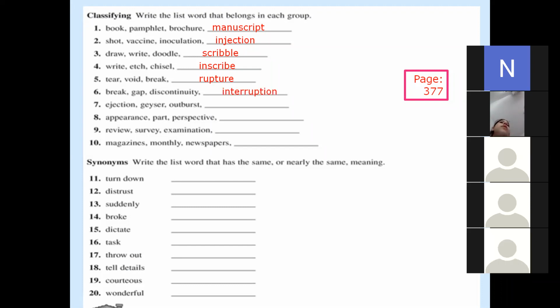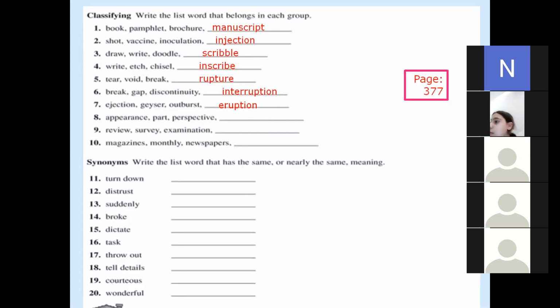Eruption. Now, ejection. Geyser. Eject. Outburst. Eruption. Interruption.